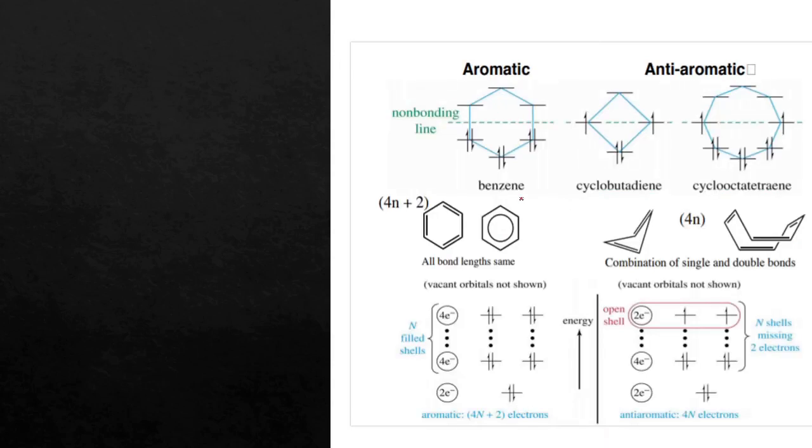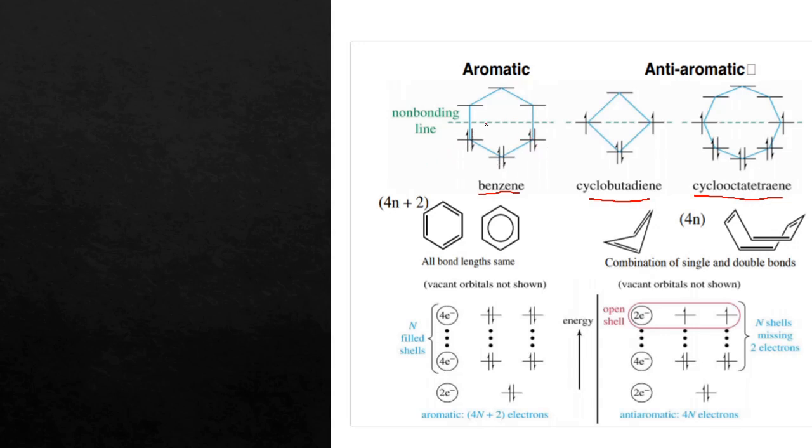If we analyze the molecular orbital energy diagrams for benzene, which is considered aromatic, and cyclobutadiene and cyclooctatetraene, which are considered anti-aromatic, you can see that in benzene all the pi electrons are present in the bonding molecular orbitals.